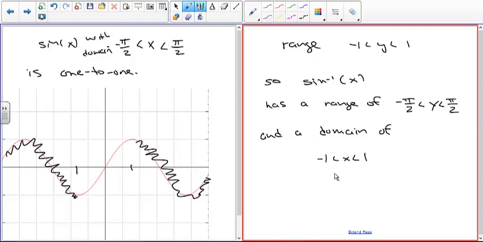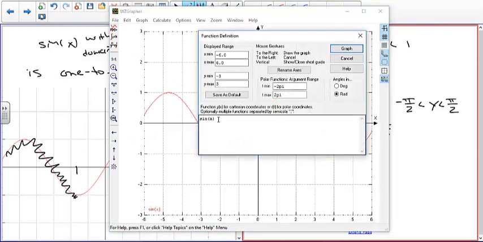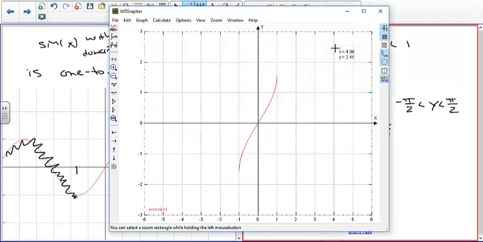And if you plot the inverse sine function, let's plot that on my graph here. So it would be probably arc sine, I think. So that's what it looks like.